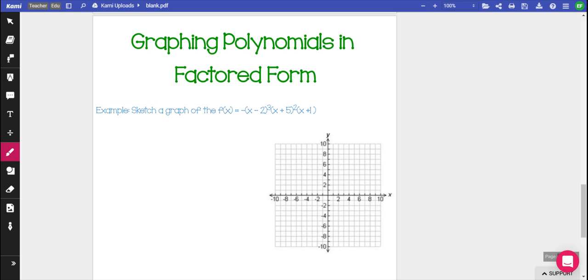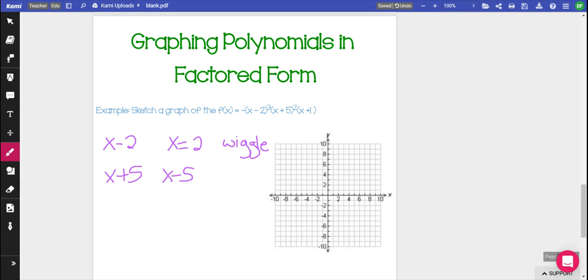But as of right now, let's first translate our zeros. We know that this x minus 2 factor will have an x-intercept of 2. And because the multiplicity there is 3, that means we're going to have a little bit of a wiggle. Our x plus 5 factor has a 0 at -5.